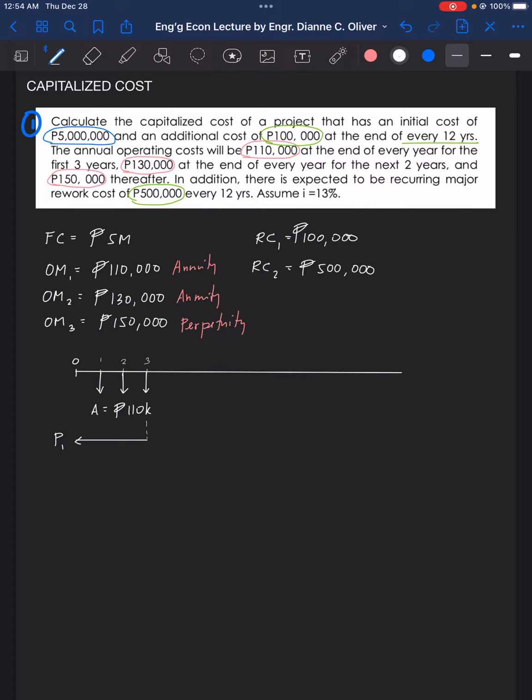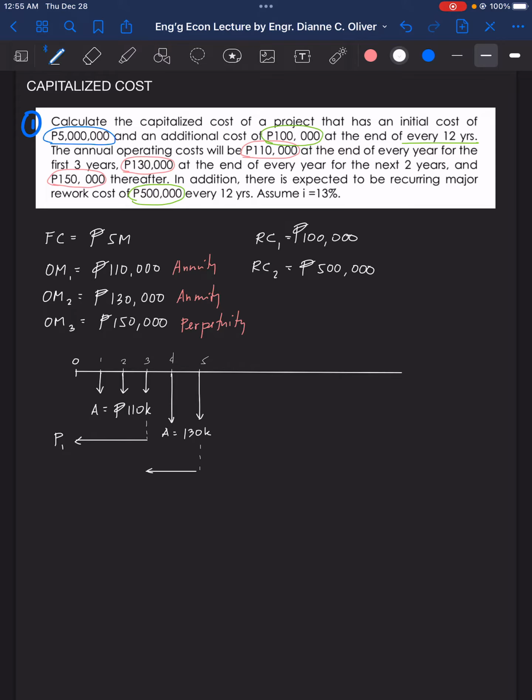So for the next 2 years, that will be 4 and 5. So that's the annuity of 130K. And we will need to find the present cost for this. So it will cover the 2 years up to the year 0 of it.